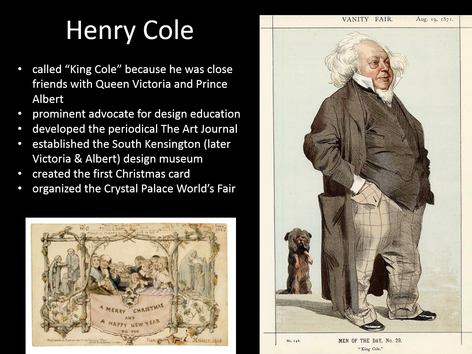He also developed the periodical, the Art Journal, which was basically a publication that was all about showing good design for designers and manufacturers. And he even established one of the first design museums. It was called the South Kensington Museum. It's now called the Victoria and Albert Museum.